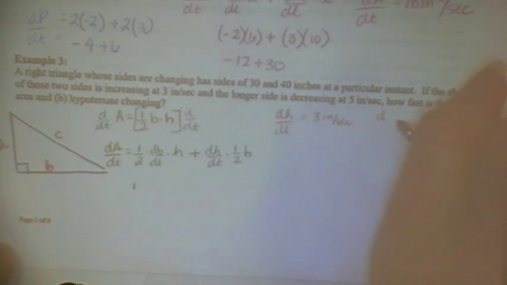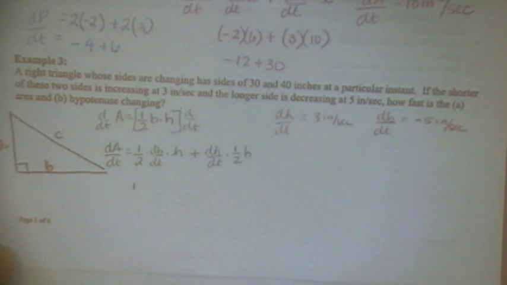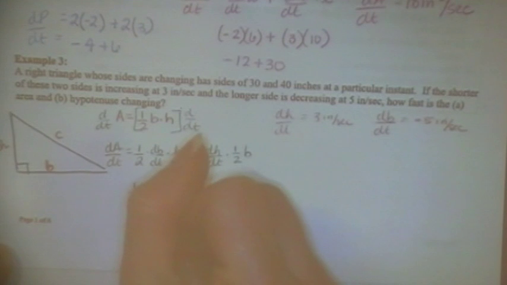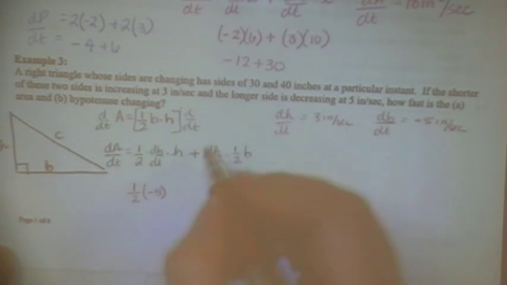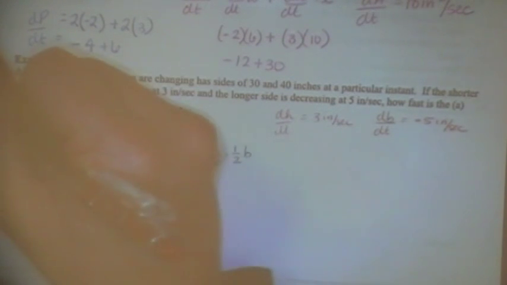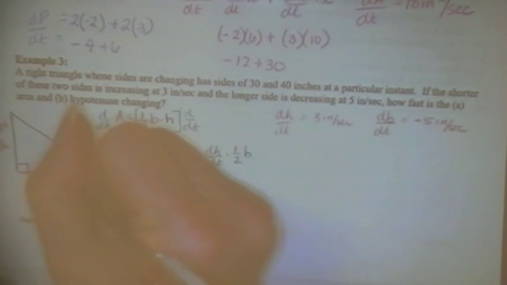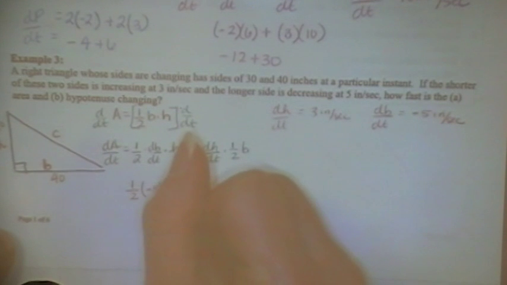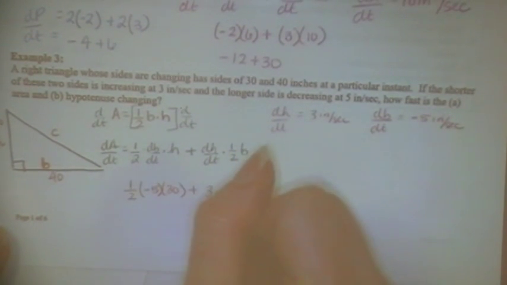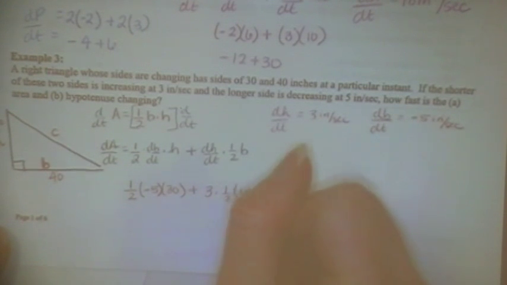My db dt is -5 inches per second. So when I plug in, I have 1/2 times -5 times, let's see, so this is 30, this is 40. So h is 30 plus 3 minus 1/2 is 40.